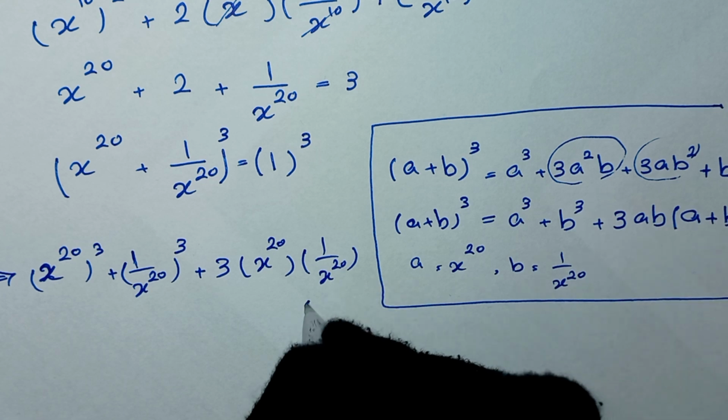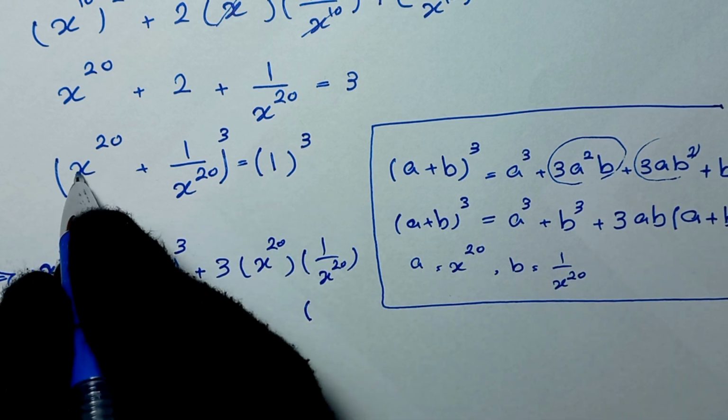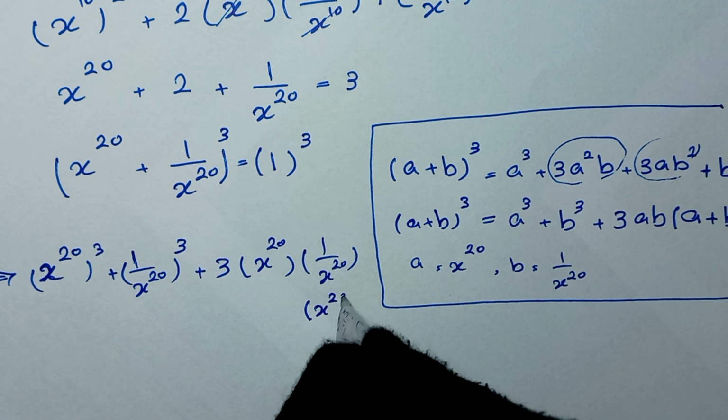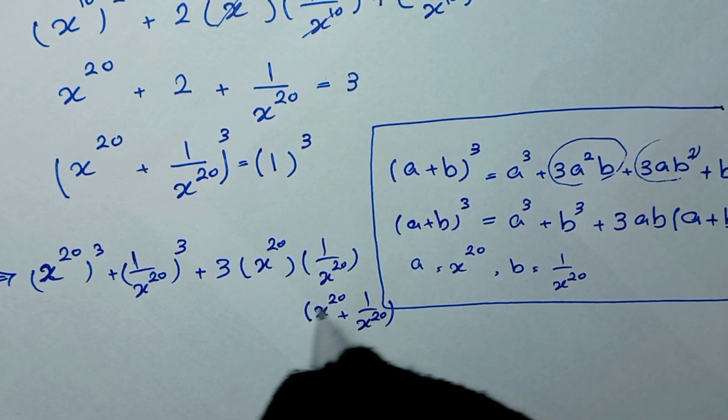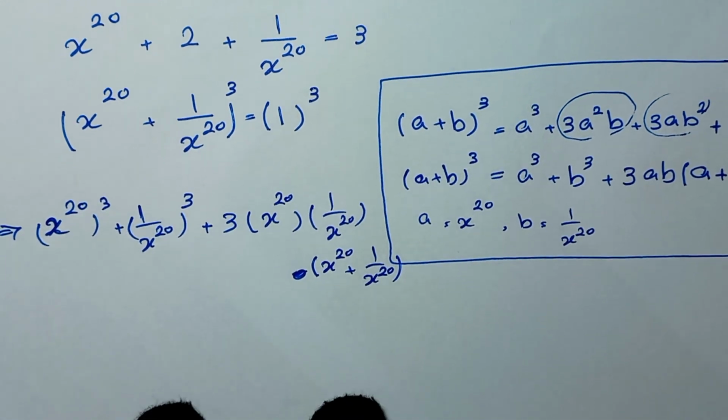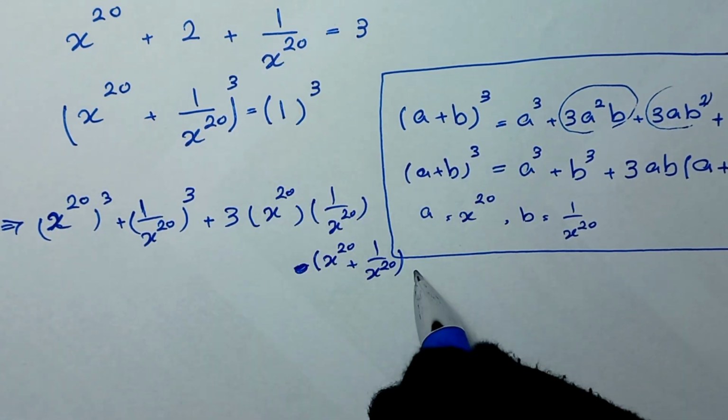So writing here times x to power of 20 plus 1 over x to power of 20, right? So, and this is equal to 1, right?